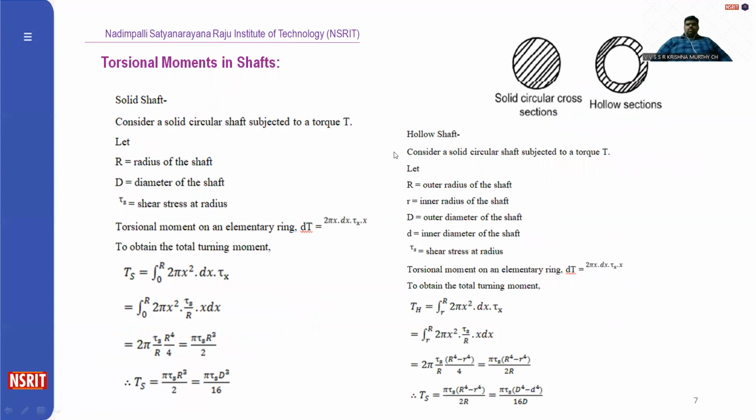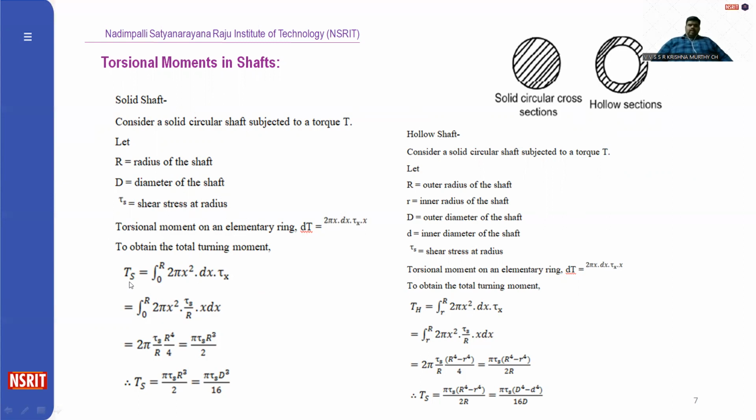So now, how will the torsional moments vary for solid and hollow sections? Let us consider a solid shaft subjected to a torque T, where the radius is R, the diameter of the shaft is D, and τs is the shear stress at the radius. We know that the torque is 2π x dx τx.